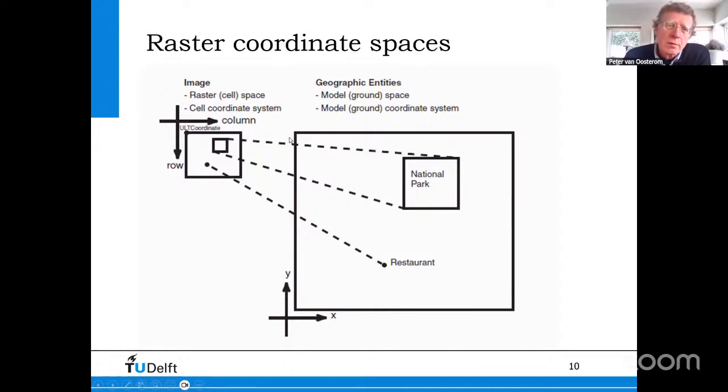And the columns go from left to right horizontally, but the rows go not from bottom to top, but from top to bottom. They go down. So sometimes in coordinate transformations, you see the map being upside down, and that typically has to do with the confusion of the raster coordinates.